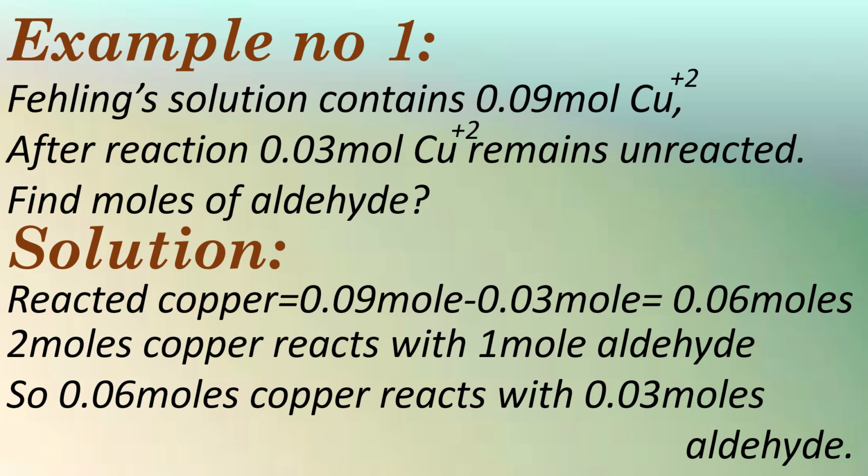Example number 1. Fehling solution contains 0.09 moles copper plus 2. After reaction 0.03 mole copper plus 2 remains unreacted. Find moles of aldehyde. So as I have discussed earlier, in this example the total moles of copper plus 2 that is reacting is 0.09 moles and 0.03 moles copper remains unreacted.